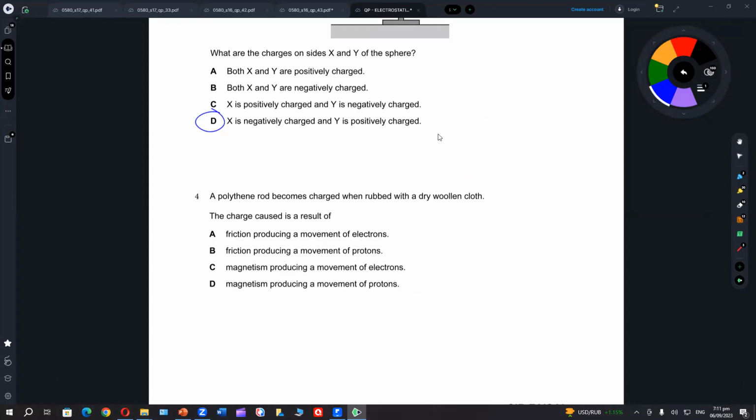A polythene rod becomes charged when rubbed with a dry woolen cloth. What causes the charge as a result? Remember, friction transfers electrons. Only transfer of electrons is the case. Electron is the only particle which transfers during the charging process.